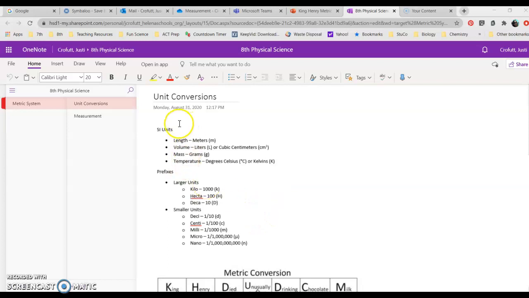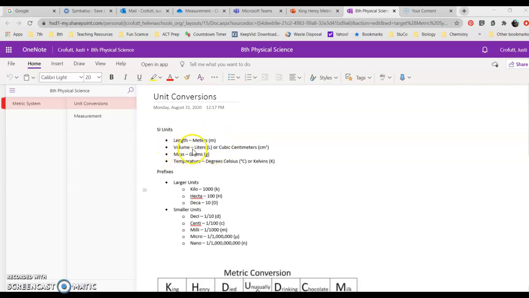Let's go ahead and talk about this first section here. In science, we use the metric system, and we have 4 main units that we use. To measure length, we're going to use meters, abbreviated with a small m.